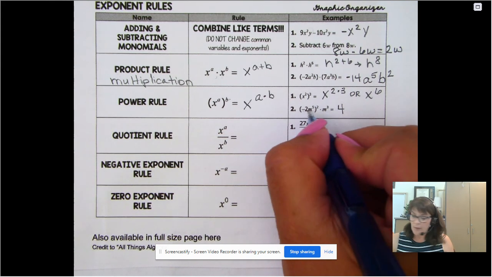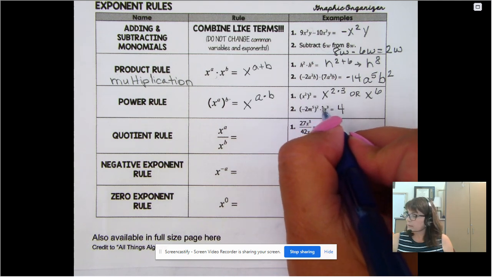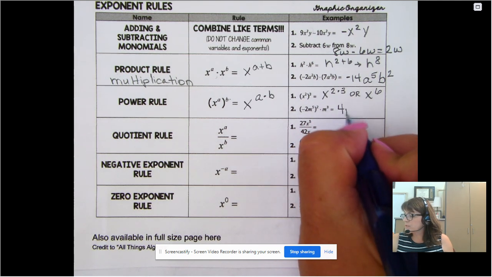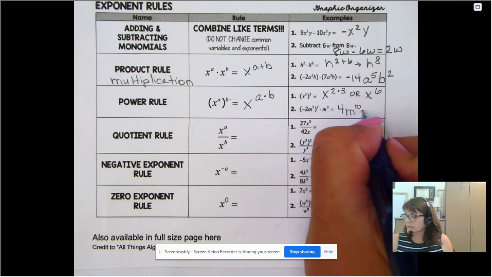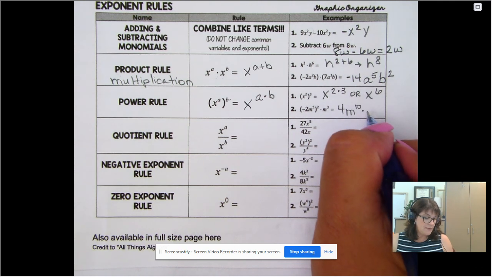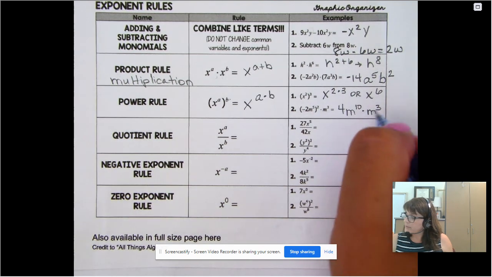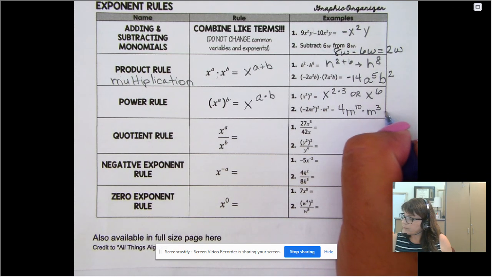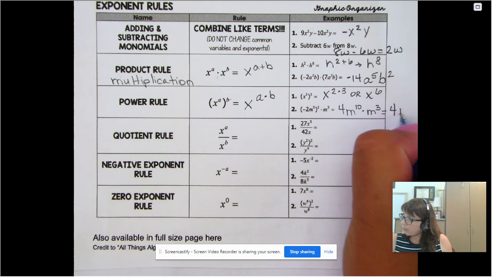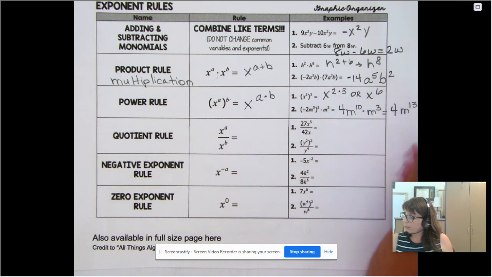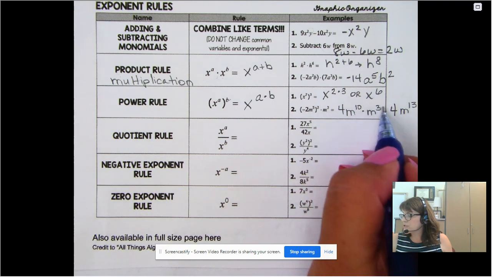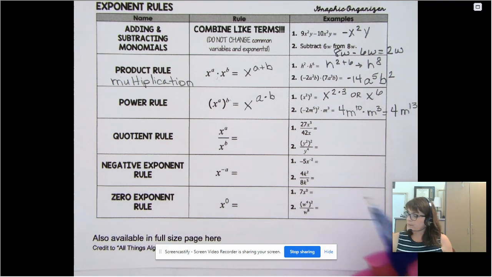M to the 5th power raised to the 2nd power. Well, I need to multiply those. So that's m to the 10th power. And then we have m to the 3rd power. That could be simplified a little bit more. 4m to the 13th power. Because now I had multiplication, I could just add these last two.